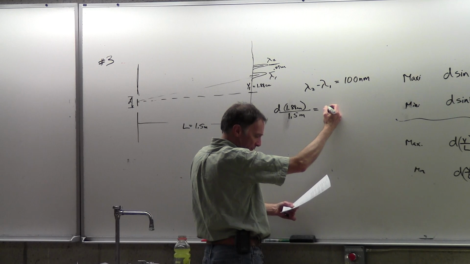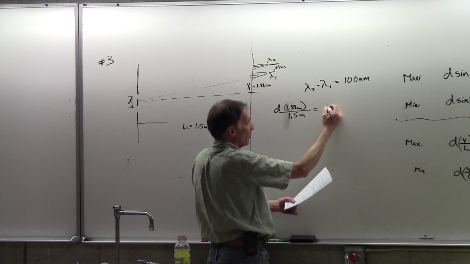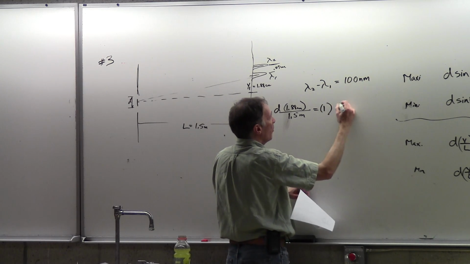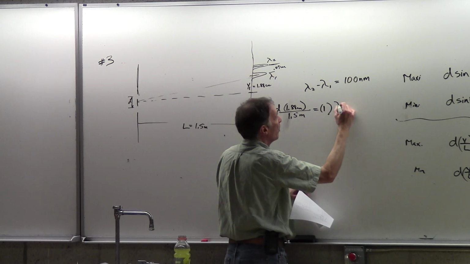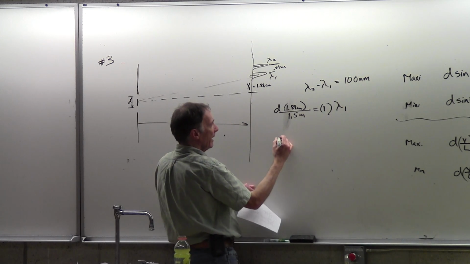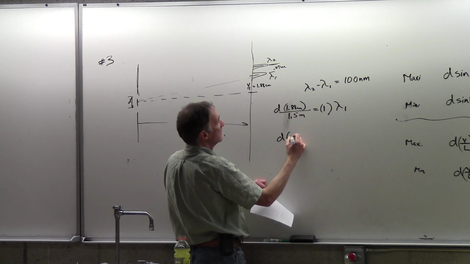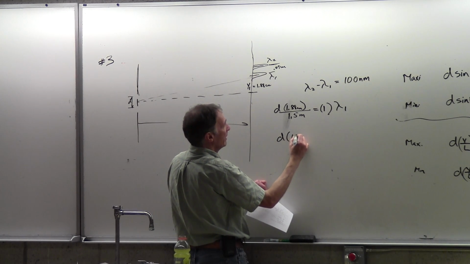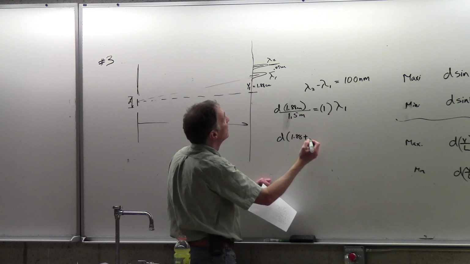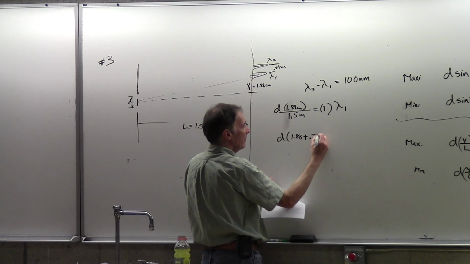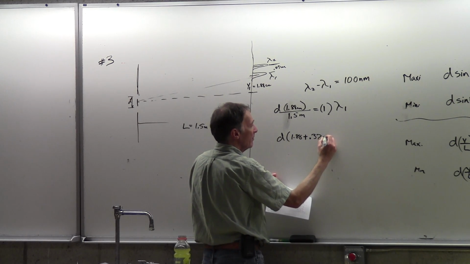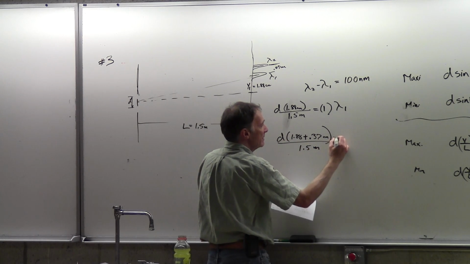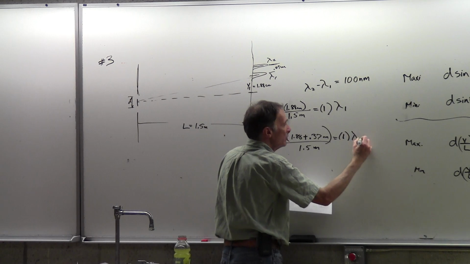Now, are these in the first order? He does say in the first order, so that's m equal to 1 times the wavelength. That's going to be lambda 1. And then we also have d times y2, which is going to be 1.88 plus 0.37 centimeters all over 1.5 meters is equal to 1 times lambda 2.